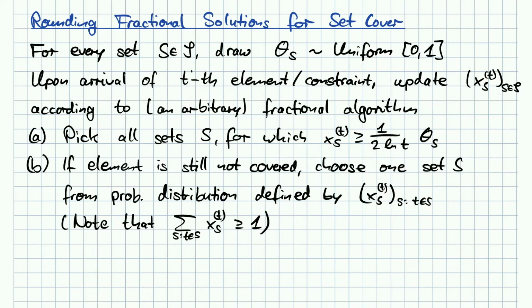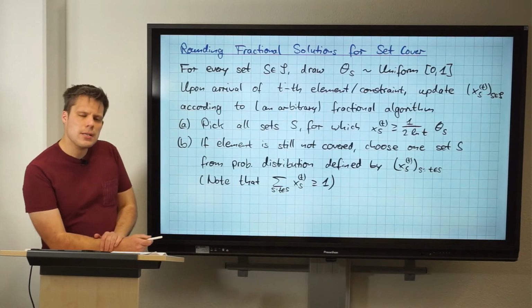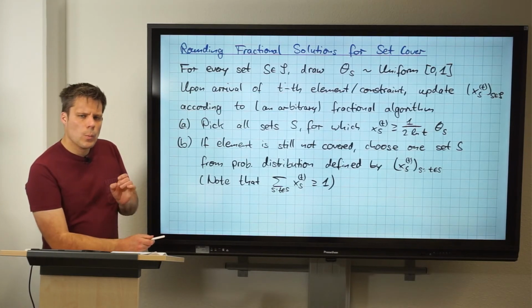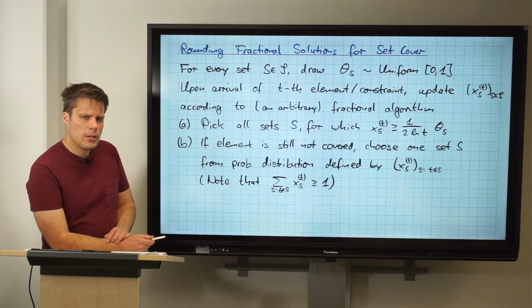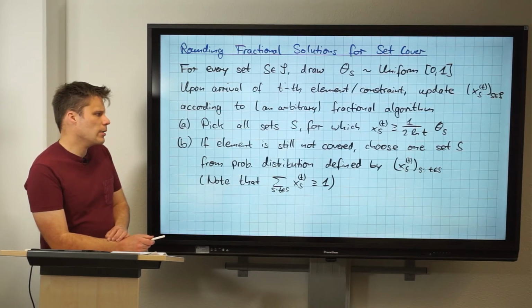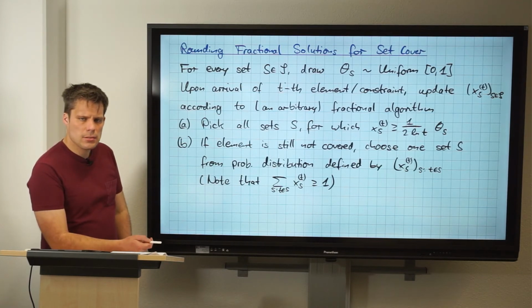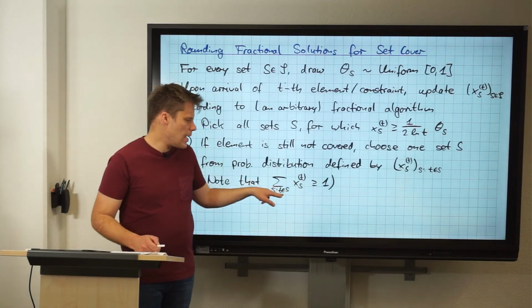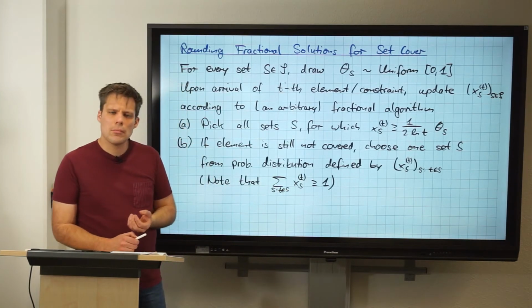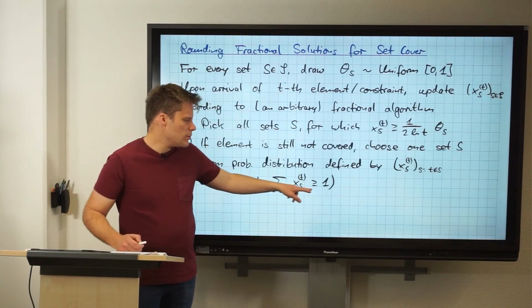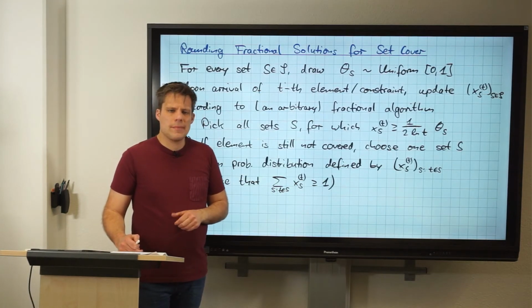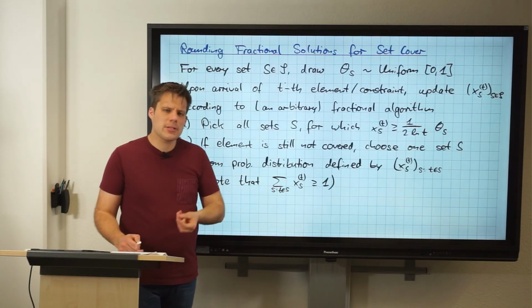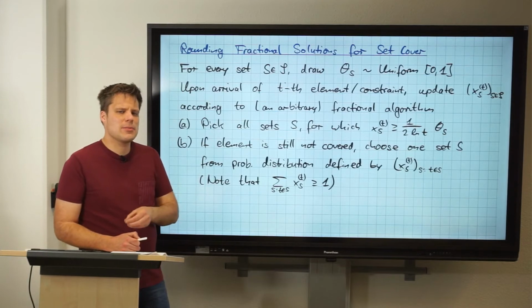So what is this doing here? We are in the tth step, and hopefully our element is covered this way. But maybe it isn't. And then, what do we know? Well, we know that it is fractionally covered by these x_{S,t}. So their fractions sum up to at least 1, but for simplicity, let's assume that they sum up to exactly 1.